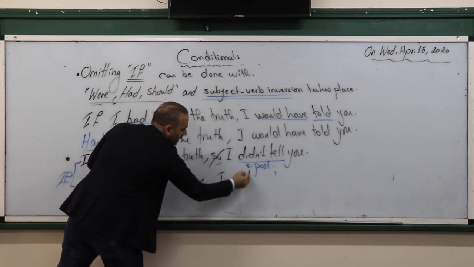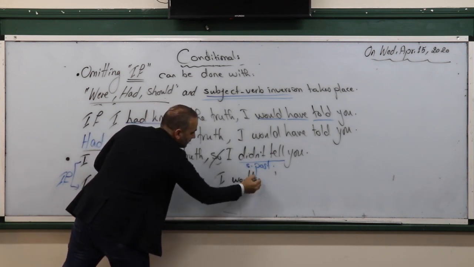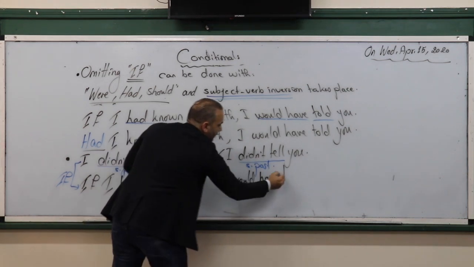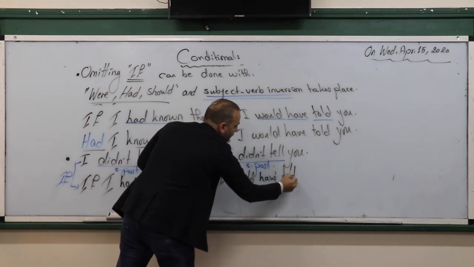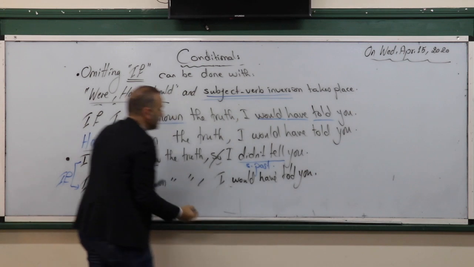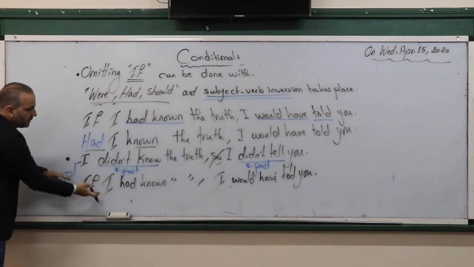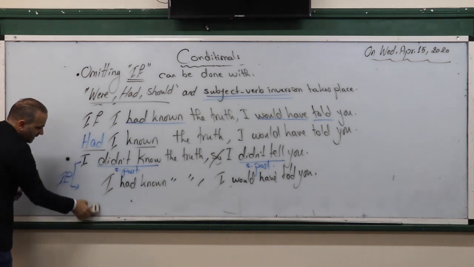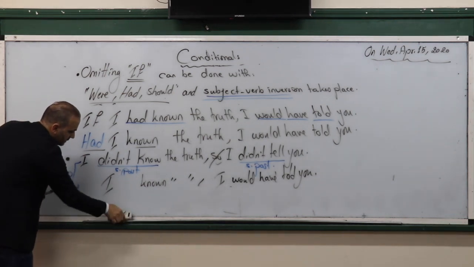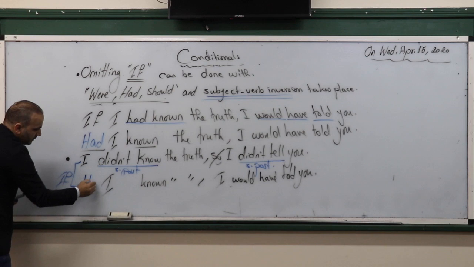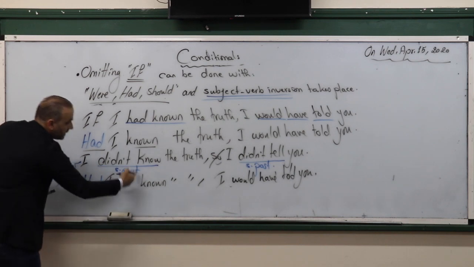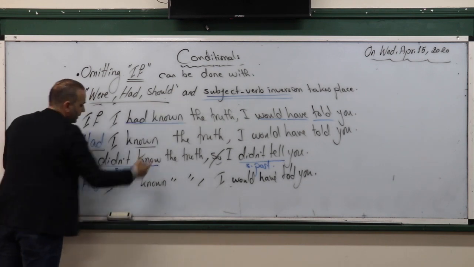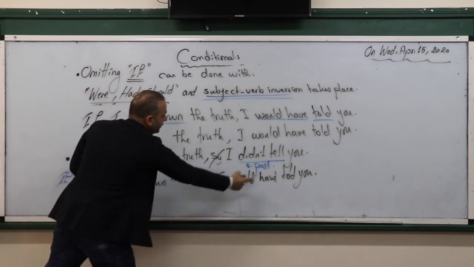I would have told you. So that's the statement to be done here. Clear? So we have this and this. That's it. Had I known, subject-verb inversion. Clear? Had I known the truth, I would have told you.